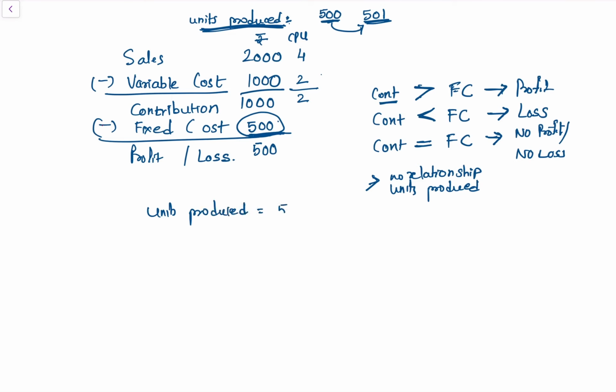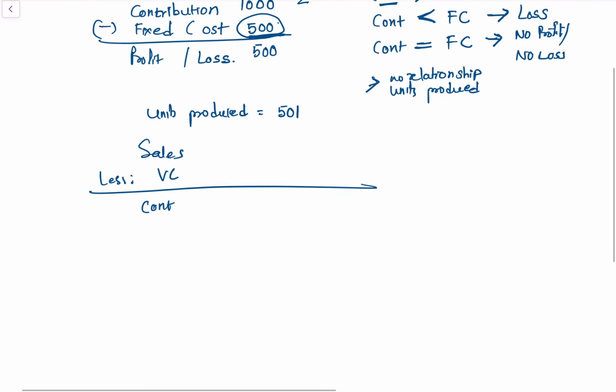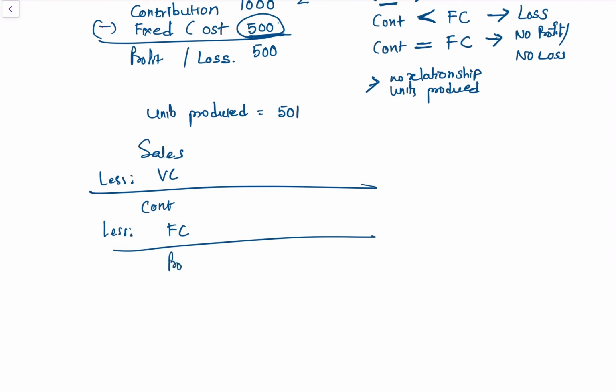501, assume. First I'll write the format: sales less variable cost, contribution less fixed cost will give you profit or loss. If it is in brackets, it's a loss.